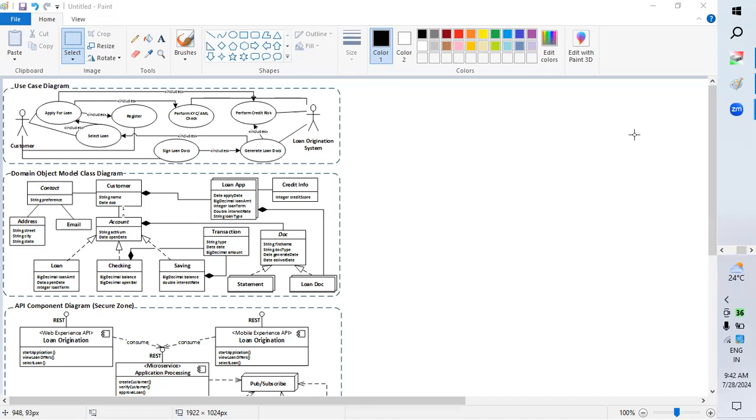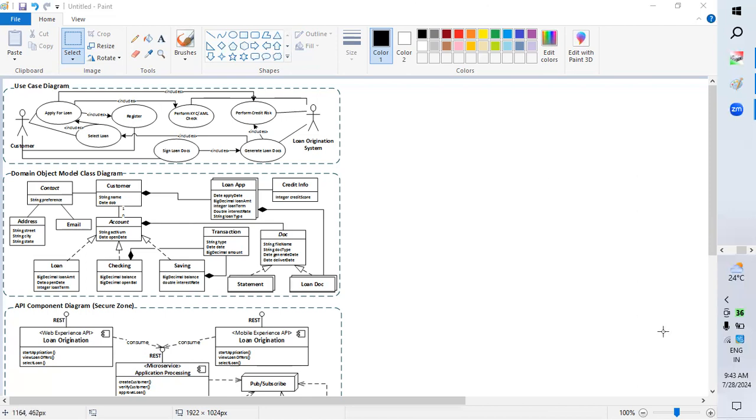What I am showing you as an example is the loan origination system. So this is all about understanding the software architecture, which is essentially required when we are working as solution architects in Java.